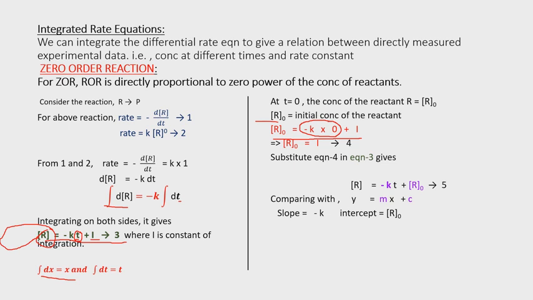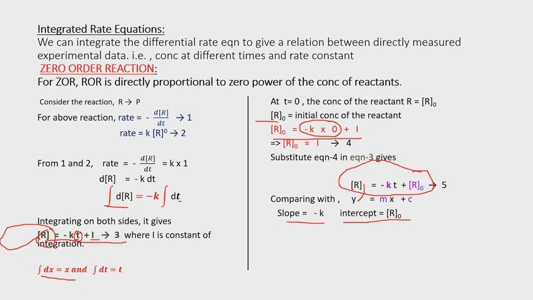So here, this is important equation, r equal to minus kt plus r naught. This is the equation 5. Just we are comparing this r with y, here minus k and m, and r naught and c. So slope equal to minus k, intercept r naught.